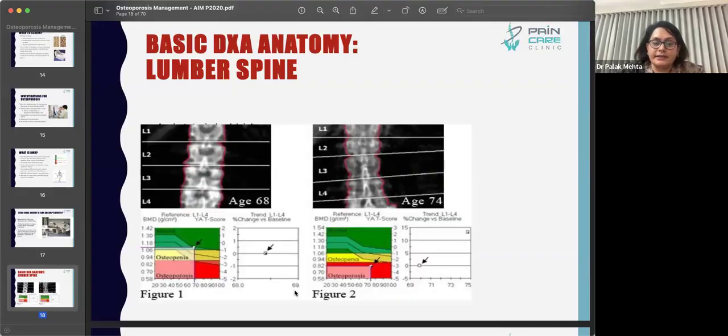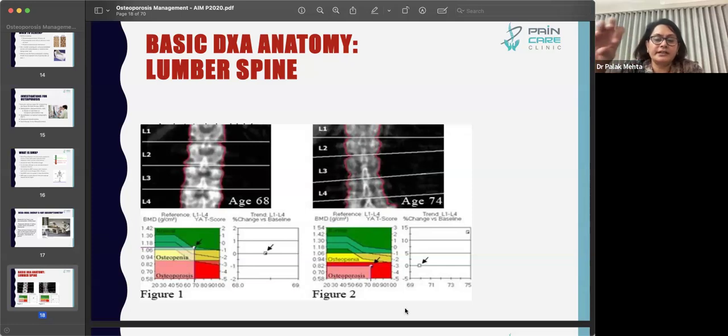As we discussed earlier, when you measure the reading on this scale, you can see here 1.0, 1.10, and the dot which has been measured comes into the green zone. When this dot comes into the red zone, it is called osteoporosis.